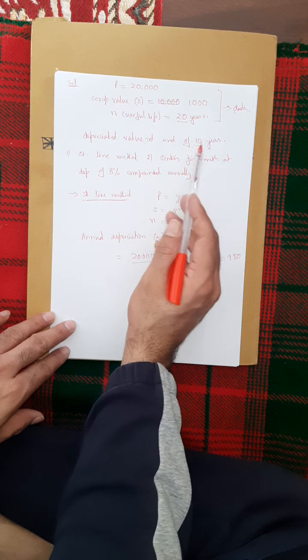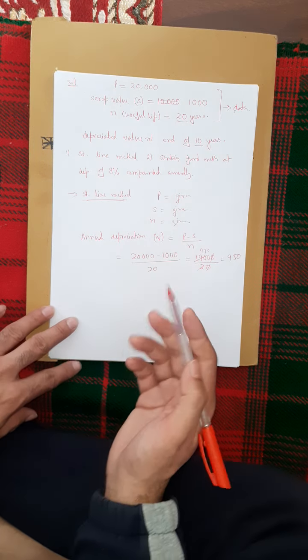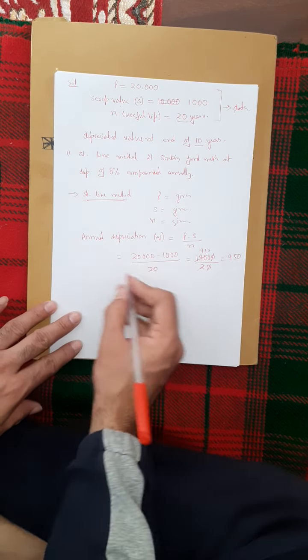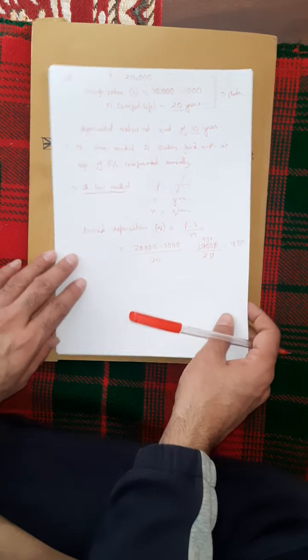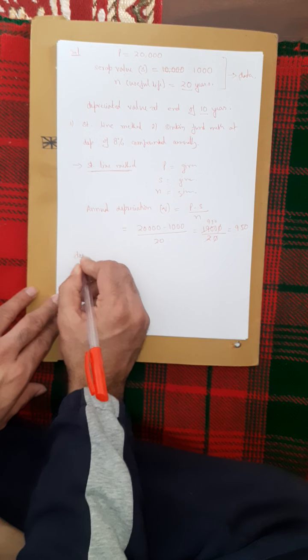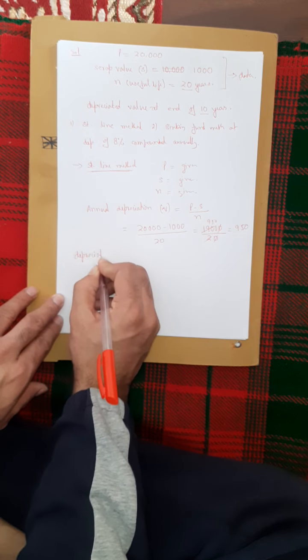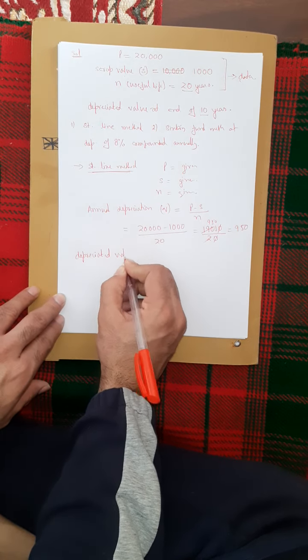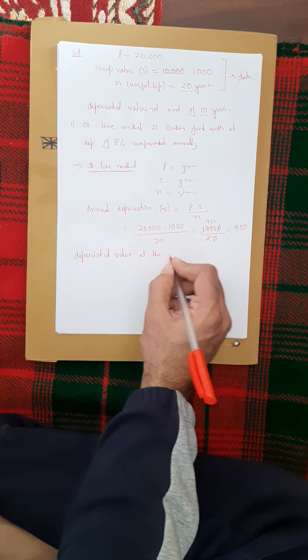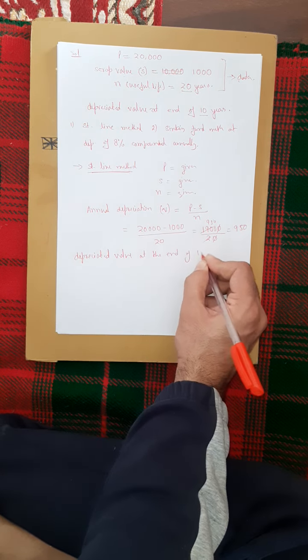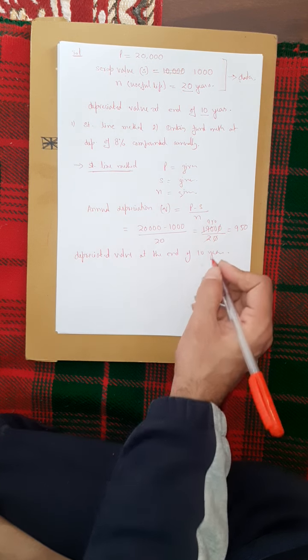The depreciated value at the end of 10 years. After 10 years, what will be the depreciated value? We will calculate it. I will write the depreciated value at the end of 10 years, it will be equal to what?